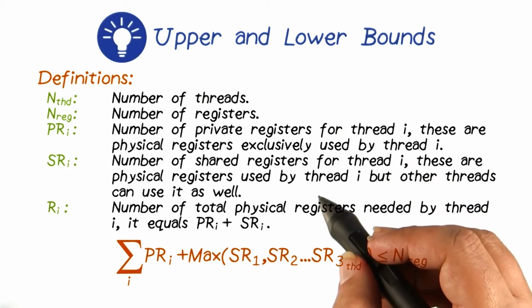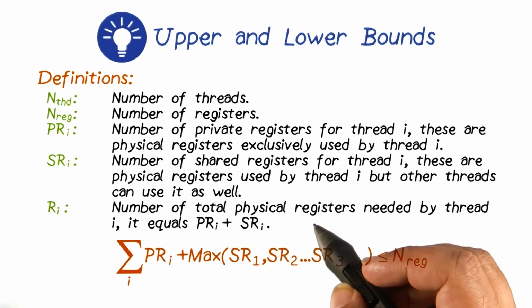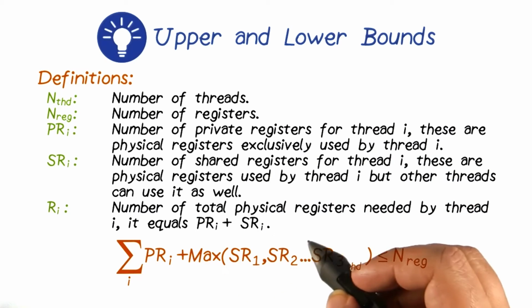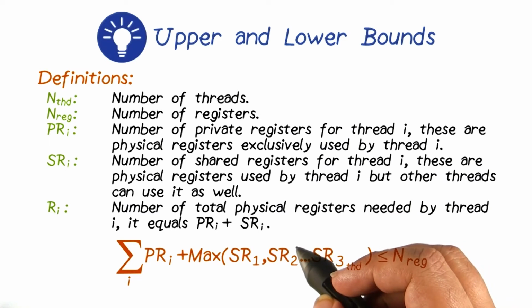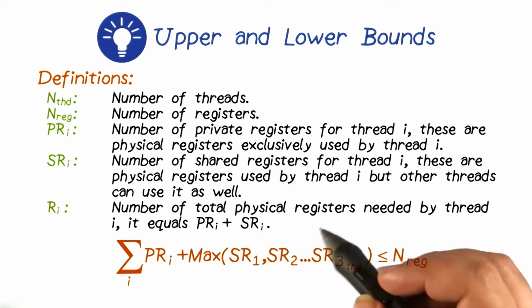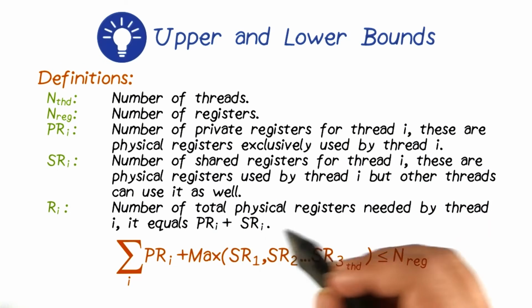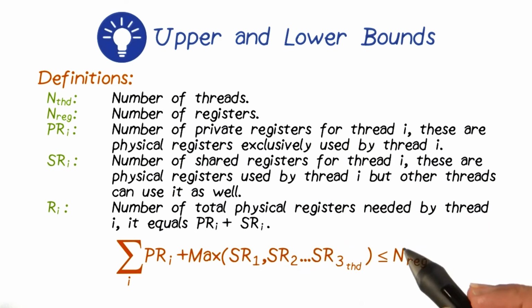So what we do first is to determine such requirements of private and shared registers for each thread, and then we find out the max requirement for the shared registers, take the number of private registers, and take their sum. Our goal is to determine these adjustments of private and shared registers across threads so that the total number of registers that we need at a given time for a given thread remains below the total number of registers that we have.